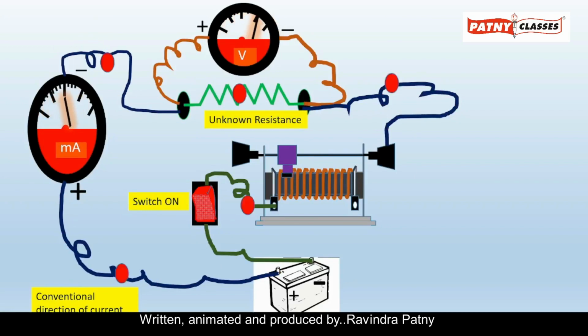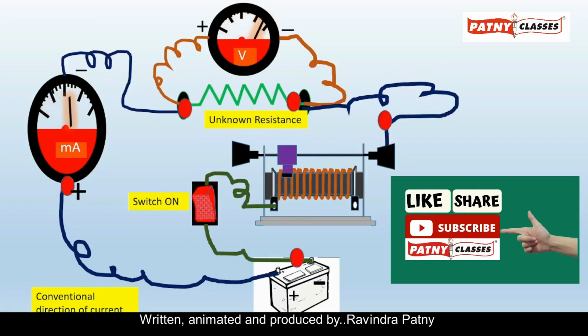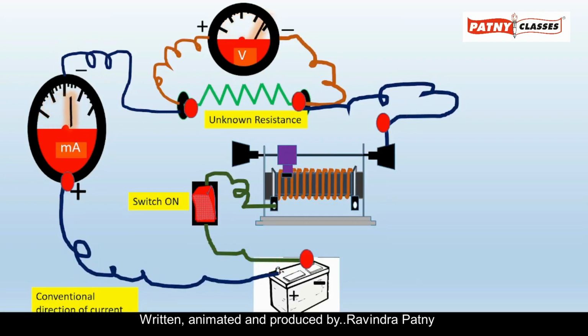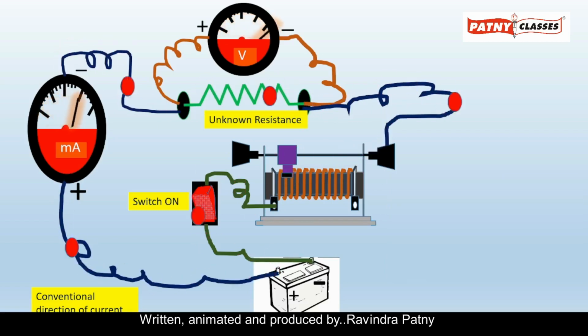In this video, we have an unknown resistance and a current is flowing through it. Here the amount of current flowing and the potential difference across the unknown resistance are observed through the voltmeter and milliammeter.